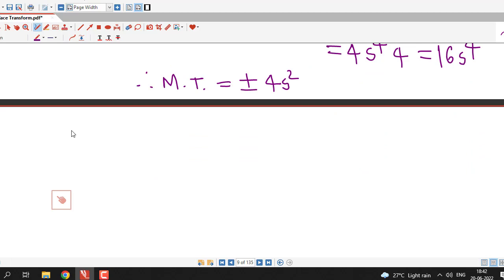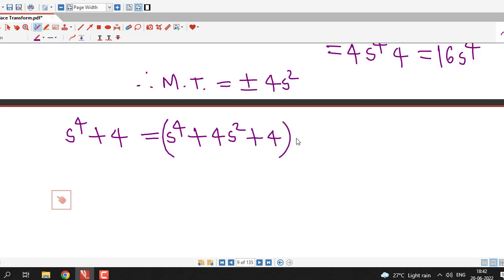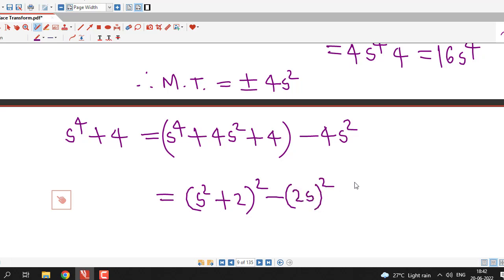So we can adjust this middle term in s raised to 4 plus 4. This I can rewrite as we add 4 s square and we subtract 4 s square from this. So this bracket is the square of s square plus 2, and this is the square of 2s.